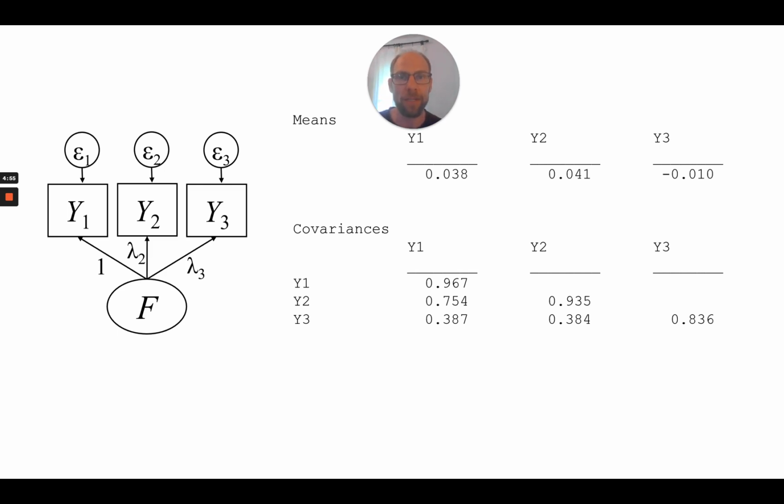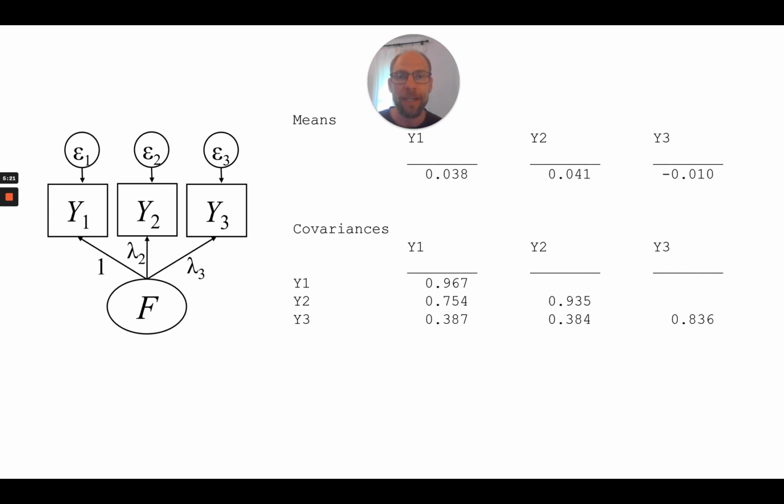It doesn't assume that the means need to be equal, or that the covariances or the variances need to be equal. So there are no restrictions. All of the information that we have in the data is perfectly reproduced. All the means, all the variances, all the covariances are perfectly reproduced, and therefore the model doesn't reduce the information that we have.